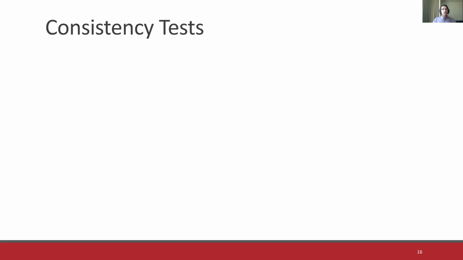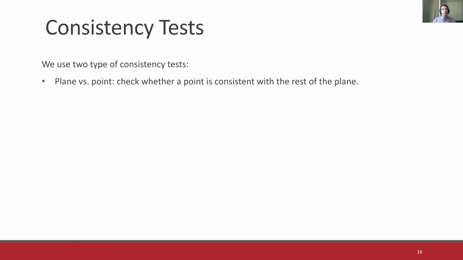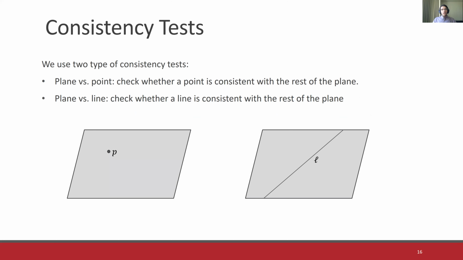So let's define some consistency tests. And we're going to define them for plane versus point and plane versus line. So the idea here is that suppose an adversary wants to fool the decoder. One thing that it can do is just flip the only coordinate that we want to decode.